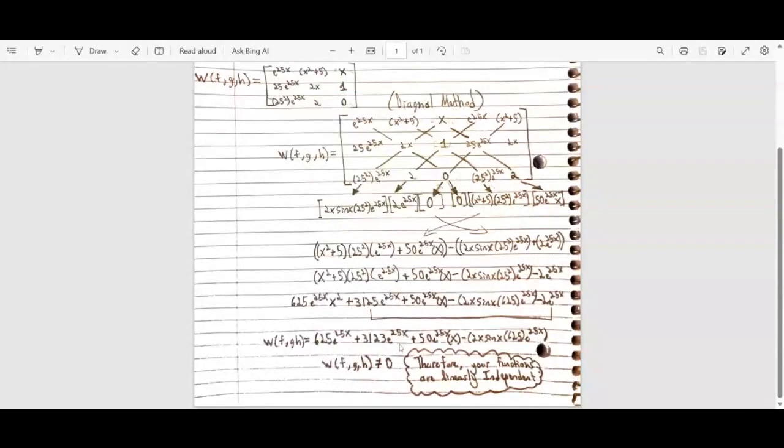It's not equal to 0. Therefore, your functions are linearly independent. Great, great. Yeah, the new method, that's another way of calculating. If you have some linear algebra background, yeah, there are many ways to deal with matrices. All right, anyone has any question?